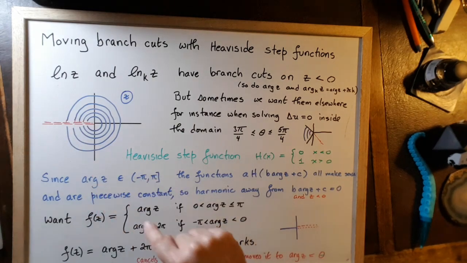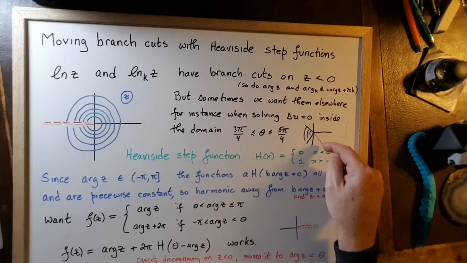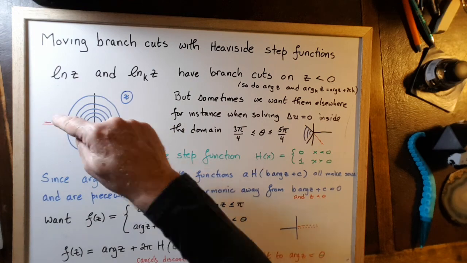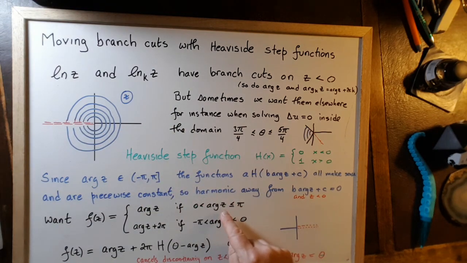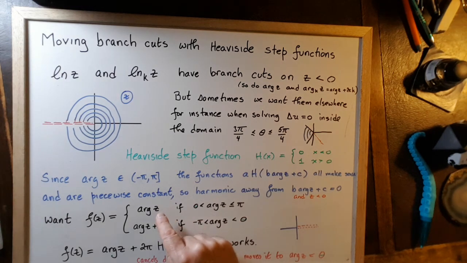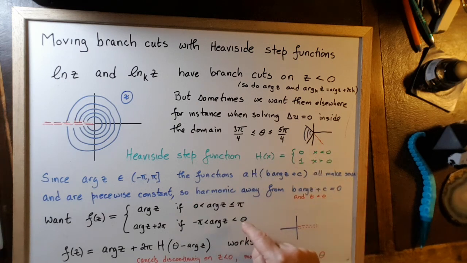So that cancels the jump on this side. And then for this angle theta all the way up to less than or equal to pi, we make it arg z. And there's no discontinuity anymore because as we cross arg z equals pi, this arg z jumps down by minus 2 pi, and we've added 2 pi back in. So this thing has moved the branch cut not to 0, but just to some angle theta.